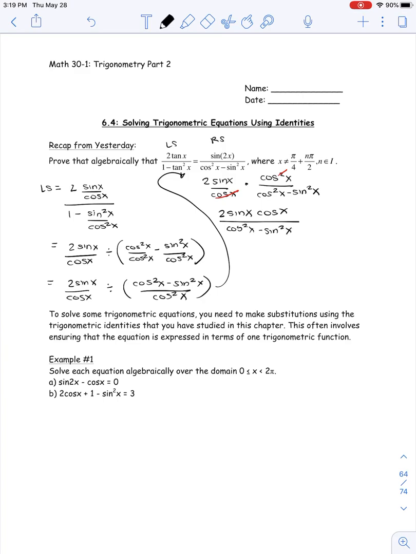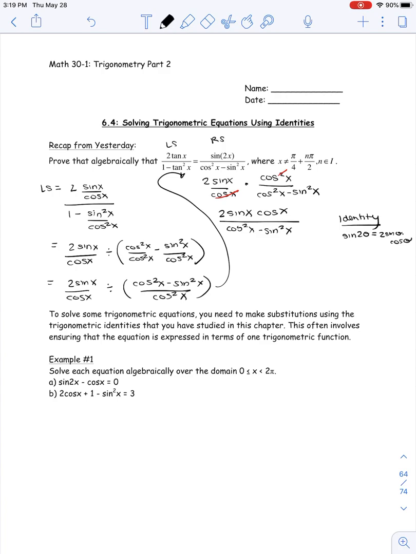If you go to your formula sheet, that's where you can replace the double angle. You can replace 2 sine theta cos theta with sine 2 theta. This is the identity I'm looking at, so I'm just going to write it to the side: sine 2 theta is equal to 2 sine theta multiplied by cos theta.